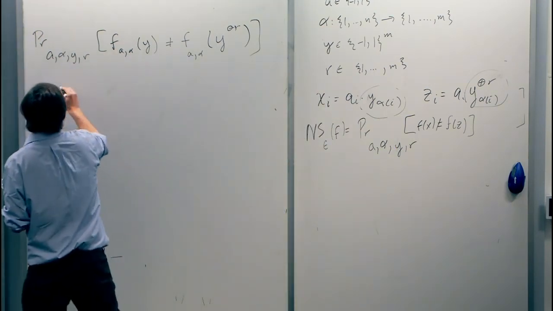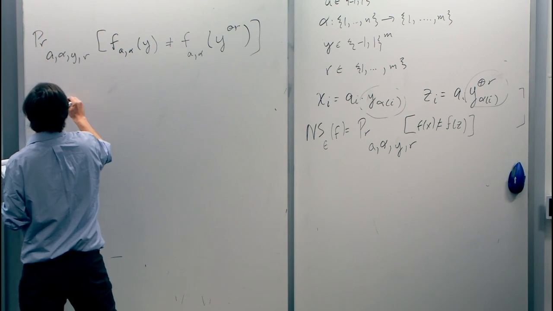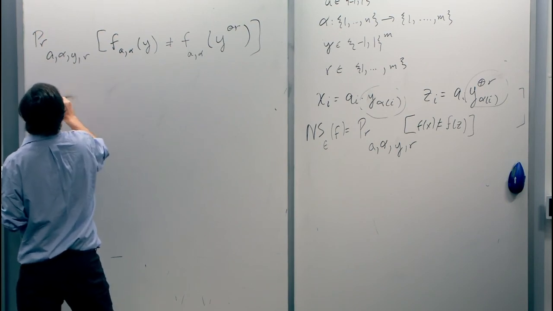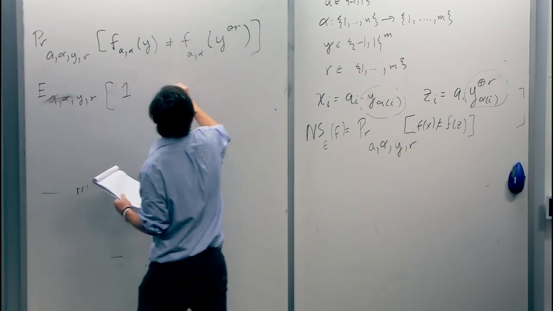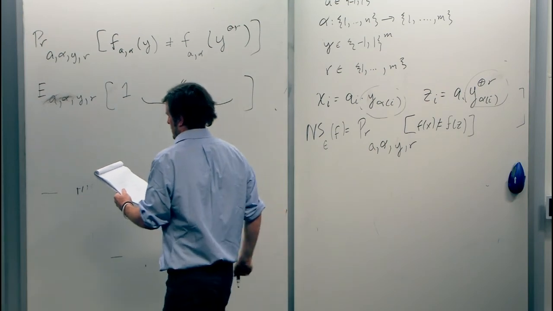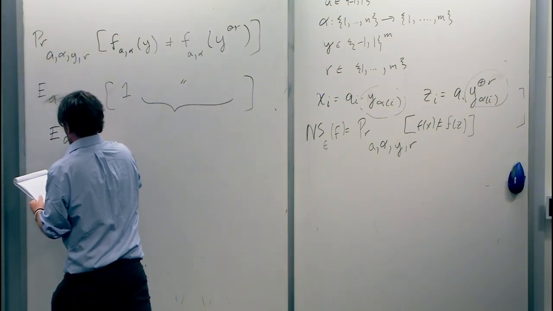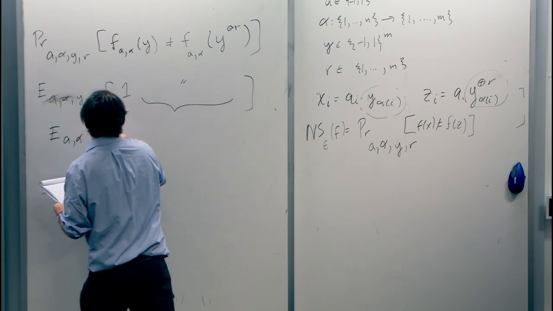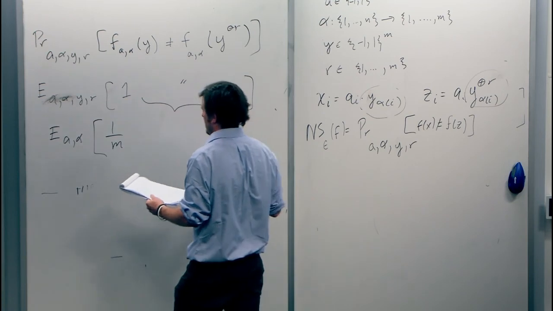And then this, I'm doing nothing here now. Just writing things in terms of an expectation of an indicator function. And then I'm going to pull in my choice of r. R could be one of m things.